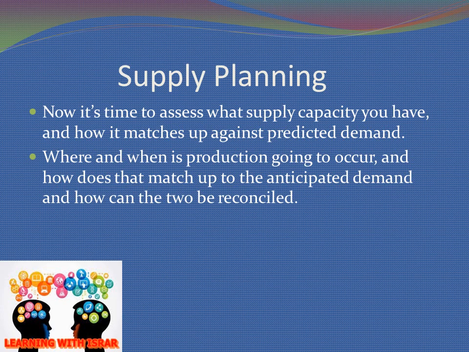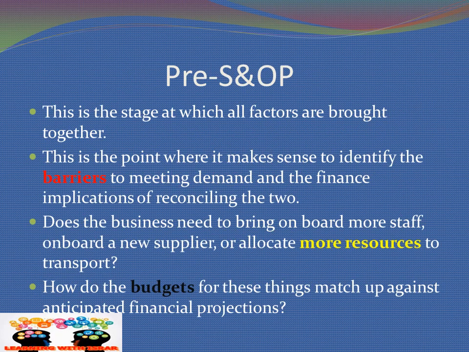So we will be working more efficiently and effectively to satisfy our customers and also increase the revenue for our organization. After working on the demand planning and supply planning, we will meet another time to see what kind of barriers we might face during the implementation of that plan.